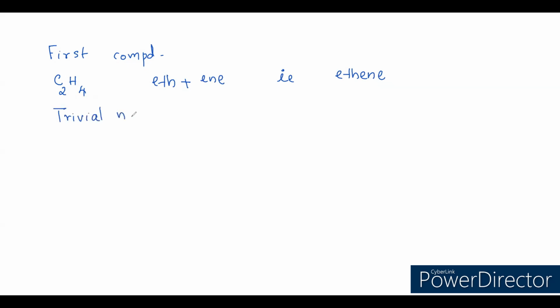Now, the trivial name or common name for ethene is ethylene. IUPAC name is ethene and the trivial name is ethylene.